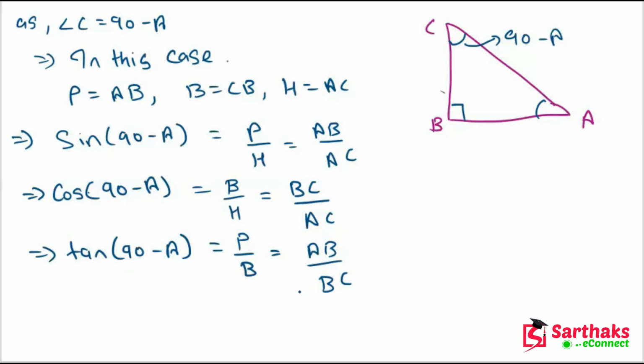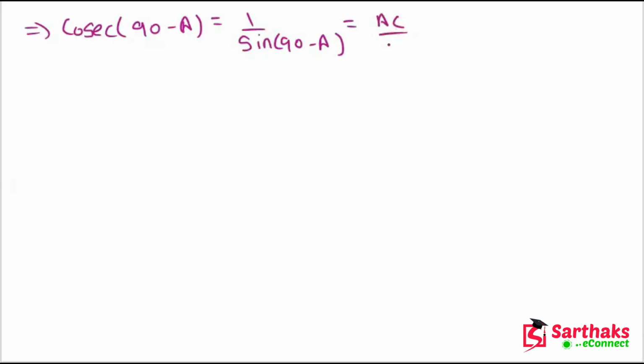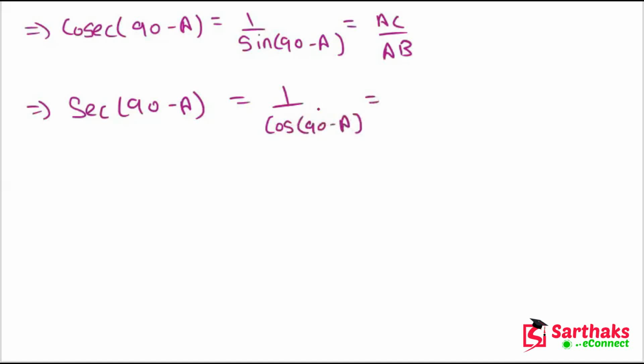So my dear friends, I hope you understand this. Now cosec 90 minus A is what? 1 upon sin 90 minus A, so we can write it as AC upon AB. Now sec 90 minus A is equal to 1 upon cos 90 minus A, which is AC upon BC.